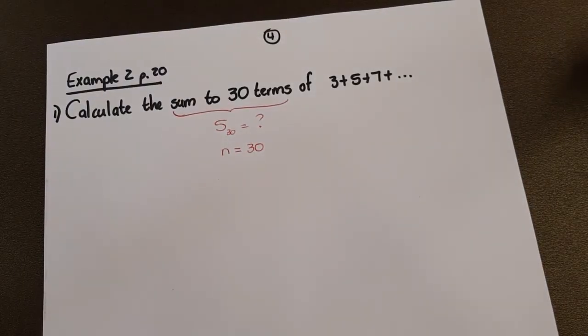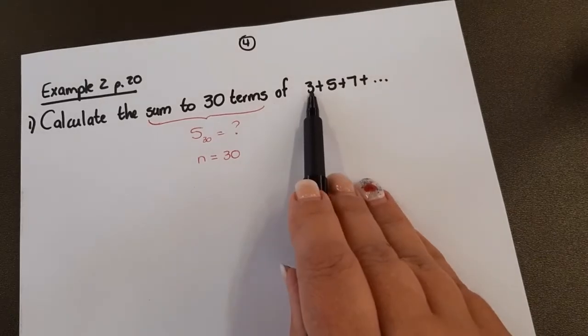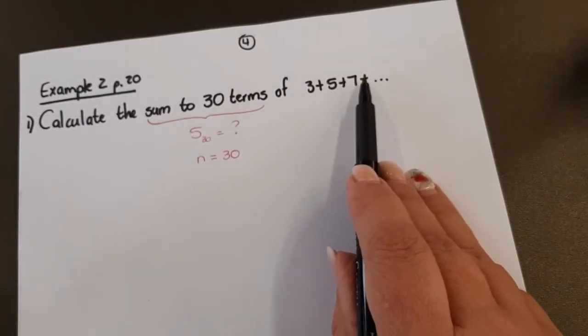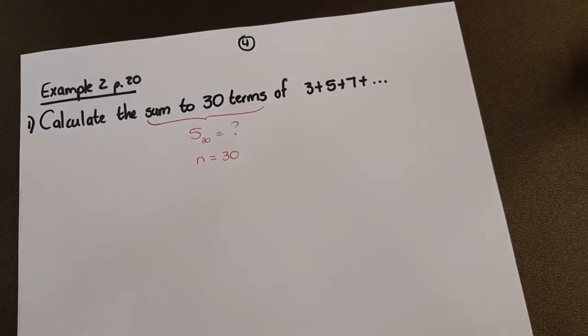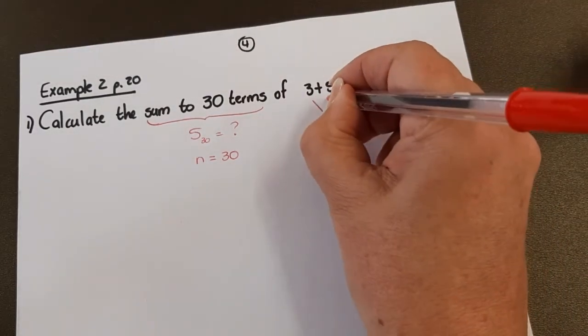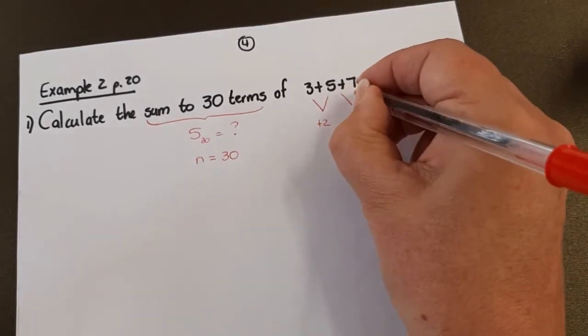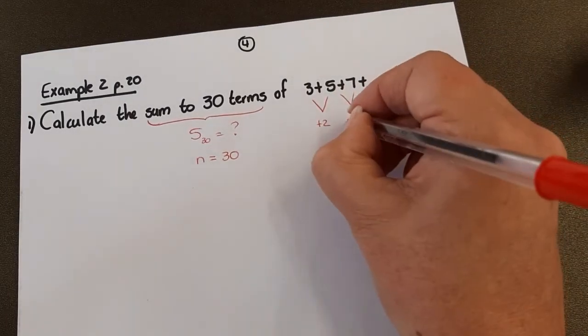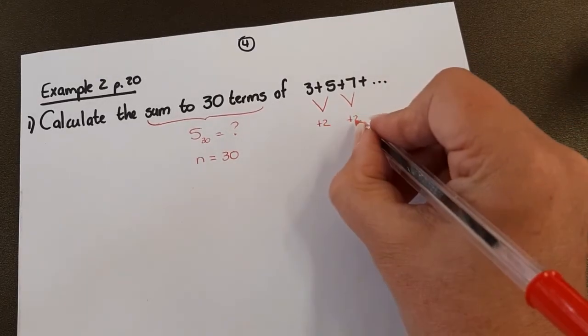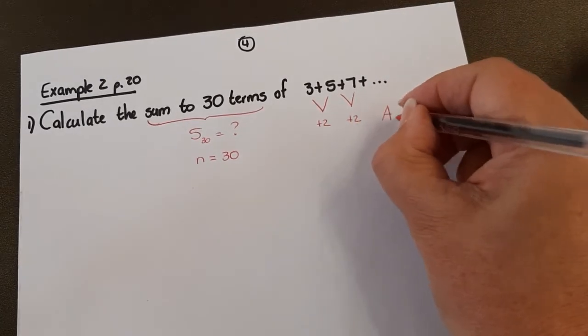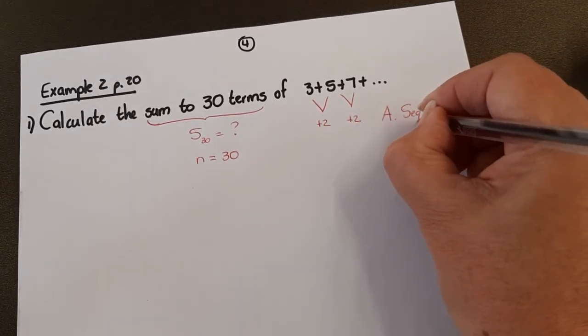First we need to determine whether this series, because there's pluses, is arithmetic or geometric. So let's get the difference. 5 minus 3 is plus 2. 7 minus 5 is plus 2. It's a constant difference, therefore it's an arithmetic series.